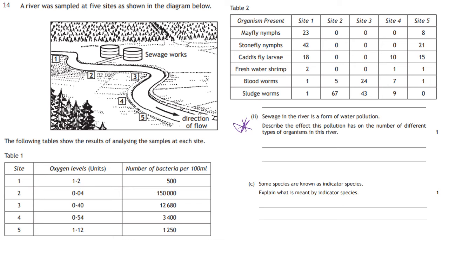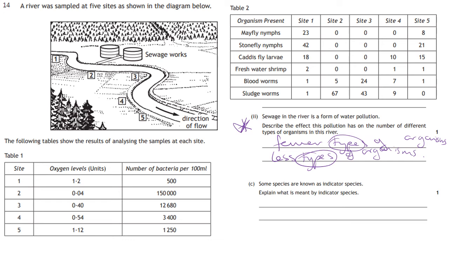The more sewage I have, I have fewer types of organisms. Okay, it's the types there that's important. It's not just the fact that I've got less organisms, I've got less types of organisms.